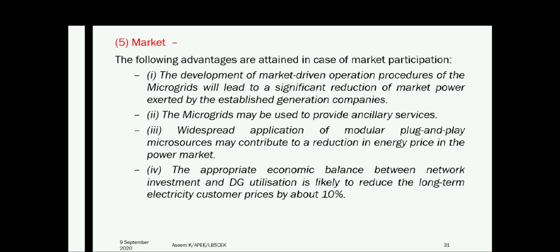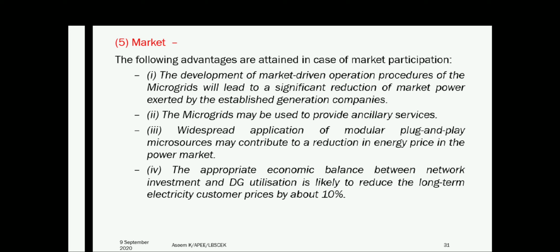So the main point in these market advantages is that the microgrid can also participate in the market.